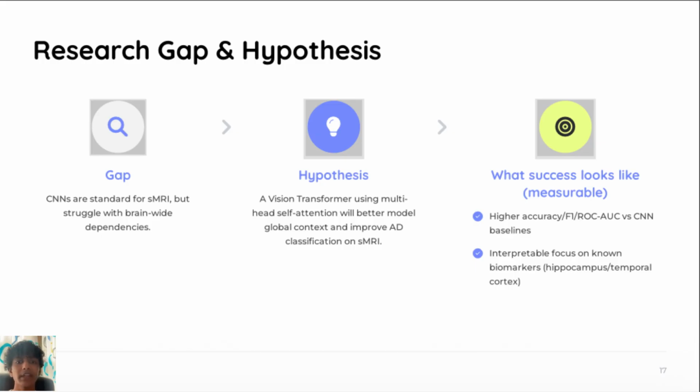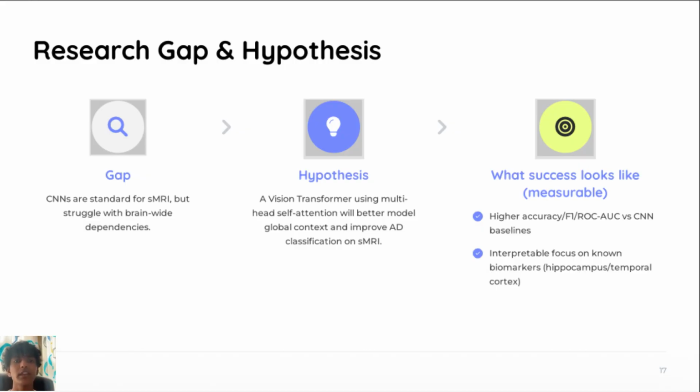The research gap is that CNNs are commonly used for structural MRI classification, but they are not naturally designed to capture long-range brain-wide relationships. My hypothesis was that a vision transformer using multi-head self-attention would be a better model for global context and would improve Alzheimer's classification from structural MRI.